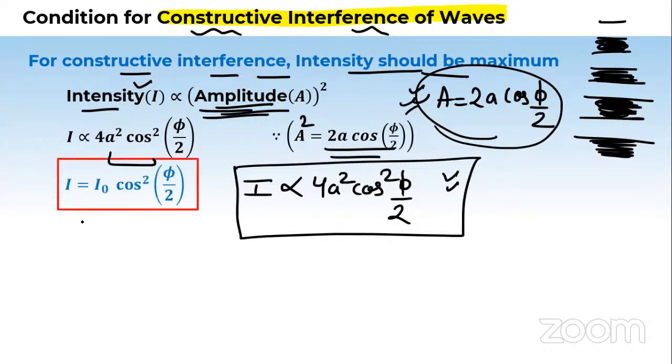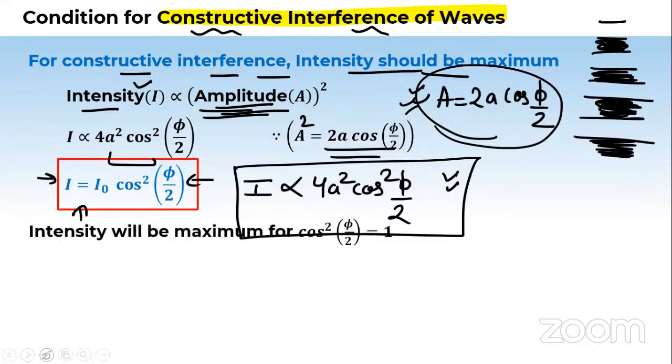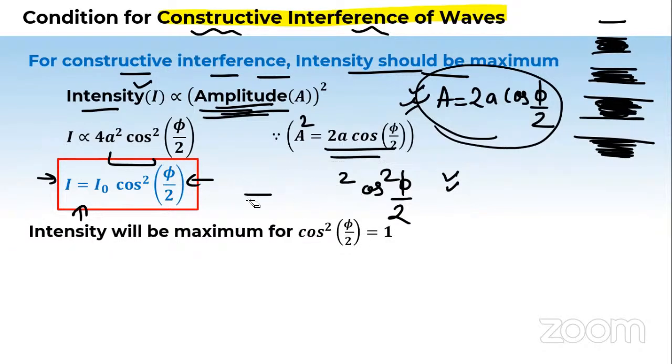So this will give you the result I equals I naught cos squared(phi by 2). I naught will be what here? See, intensity will be I naught cos squared(phi by 2).